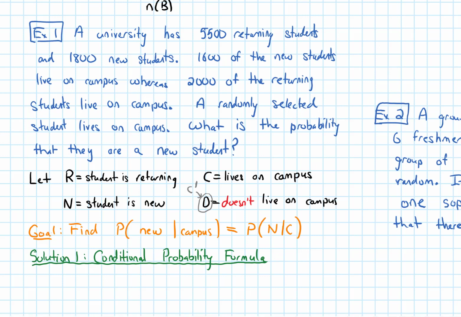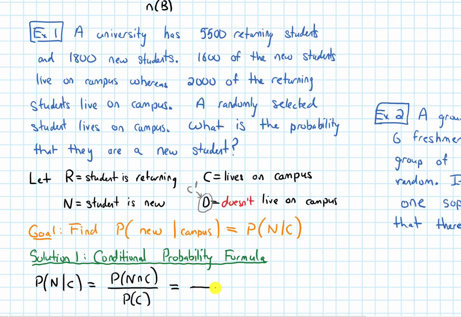Okay, so we are after the probability of N given that C occurs. Using our conditional probability formula, it's going to be the probability of N intersected with C divided by the probability of C. Whatever we're given is what goes on the denominator, because we are limiting ourselves to those outcomes. Okay, so I need the probability that this person is new and they live on campus. Well, it says 1,600 of the new students live on campus.